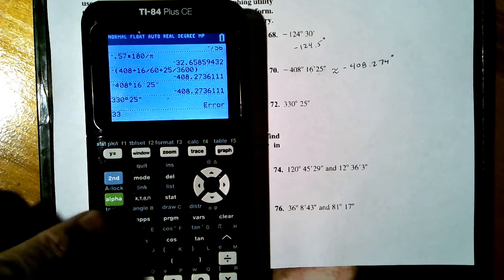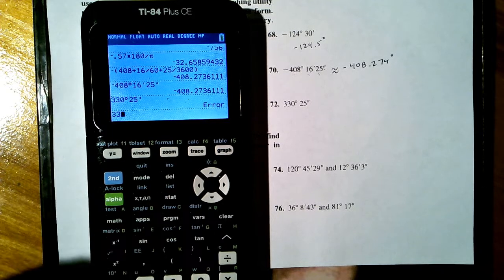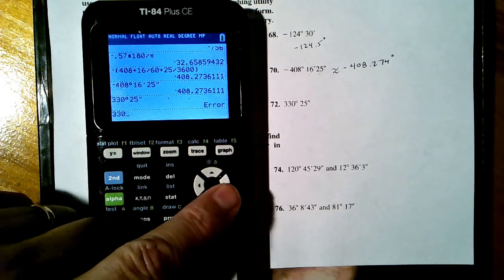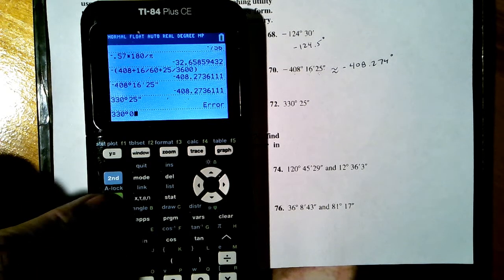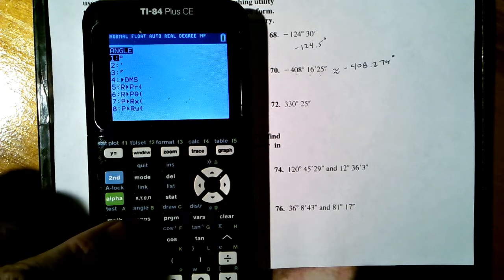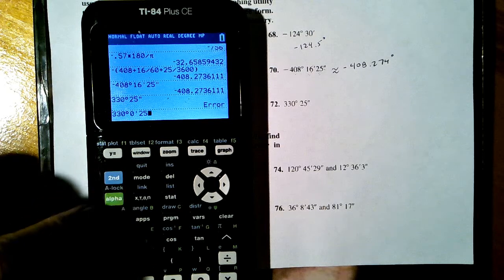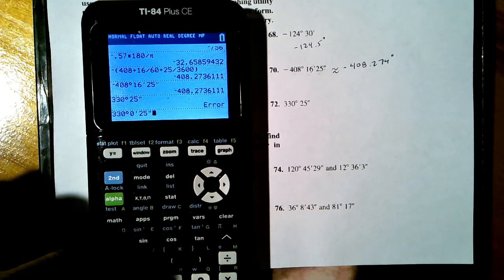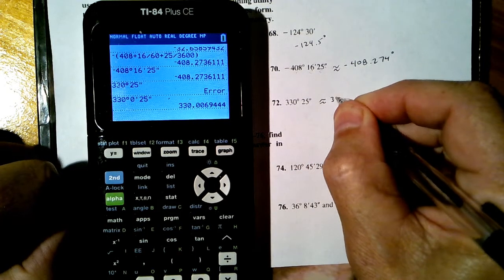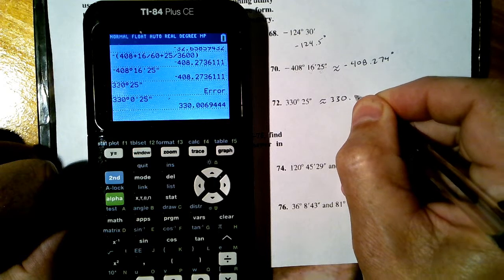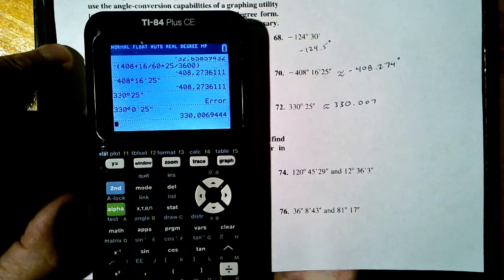So 330 second angle degrees, 0 second angle minutes, 25 alpha plus, and we get approximately 330.007.